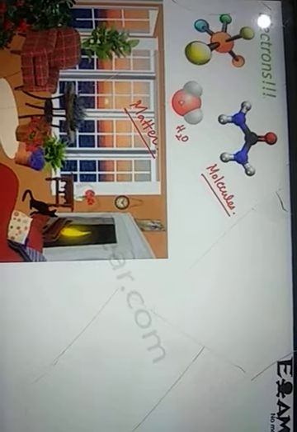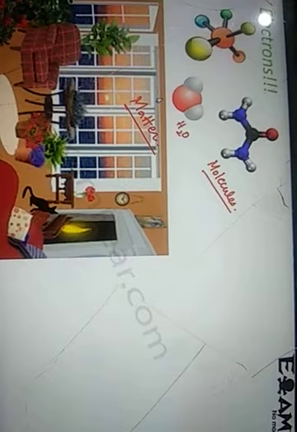This big ball is O and the smaller balls are the hydrogen, the 2 hydrogen and 1 oxygen. That's H2O. Similarly, you have different types of molecules like methane, ethane and so on. Now when you look at the composition of the molecules, you see that the molecules are made up of atoms. When you think about the water molecule, you see that the water molecule in turn is made up of atoms, that means hydrogen and oxygen. These are the atoms of which the molecule is made.